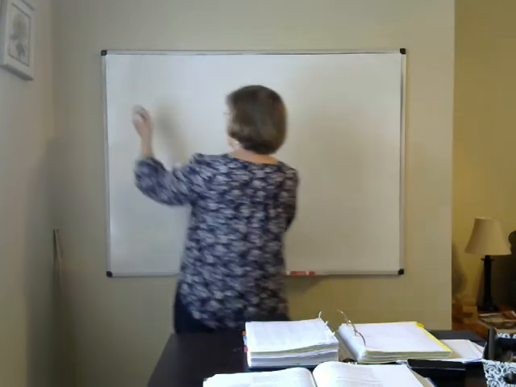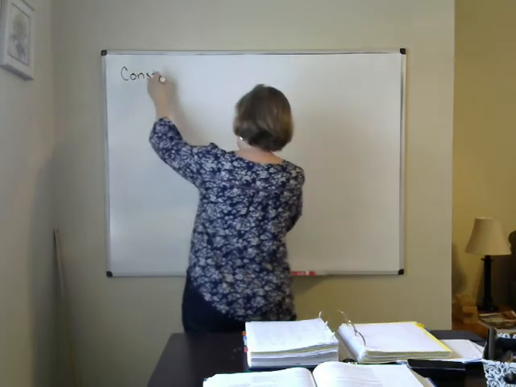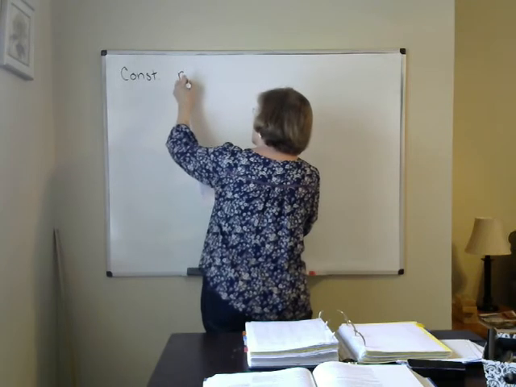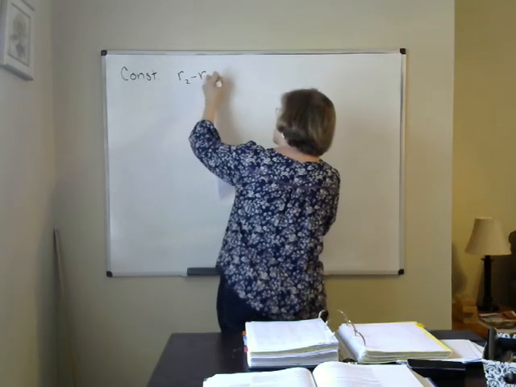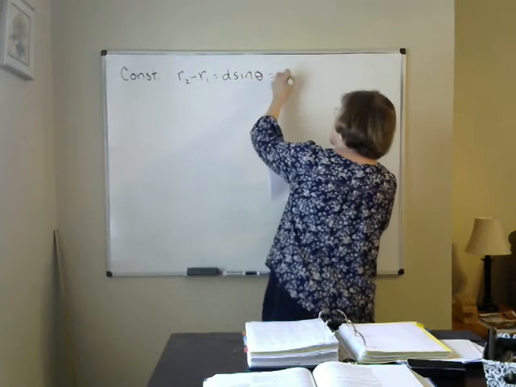So we get constructive interference when R2 minus R1, or d sine theta, that difference, is equal to m lambda.